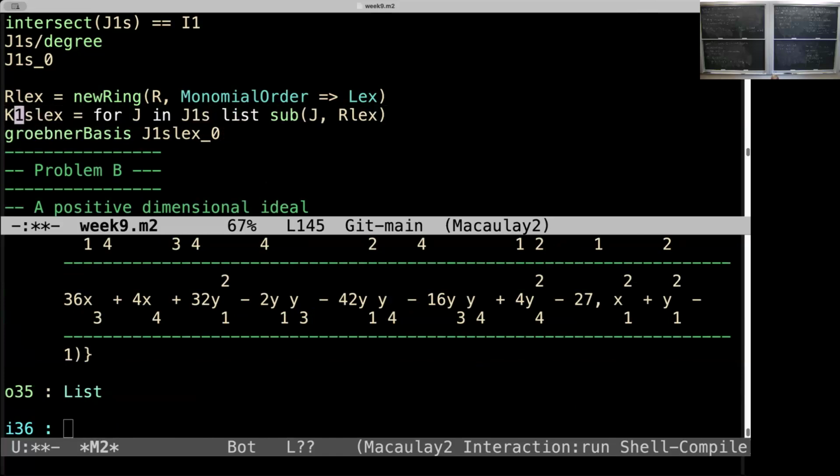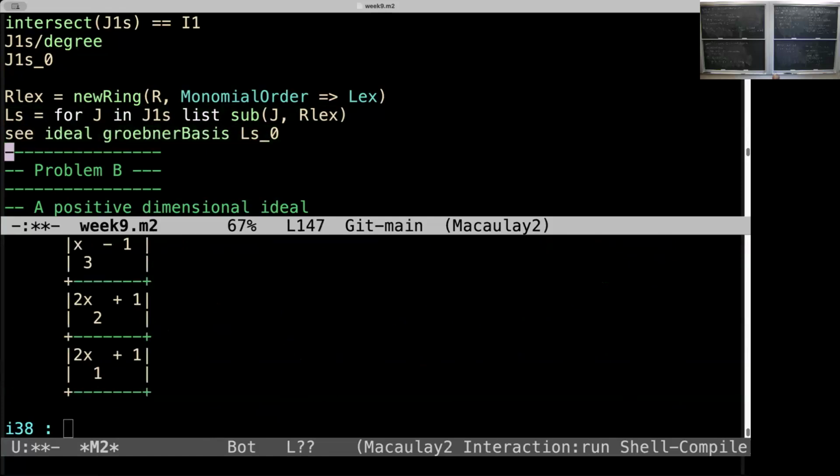Let's call it L1, L for Lex, and let's get rid of the S1. We'll just call it Ls. So let's do that again. And now we do Gröbner basis of Ls underscore 0. And I'm going to make an ideal of the result, and I'm going to do it so we can actually see it a little nicer. Hopefully that'll work. Yep, here's what we get.